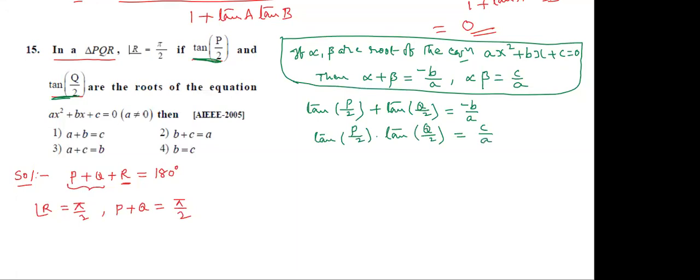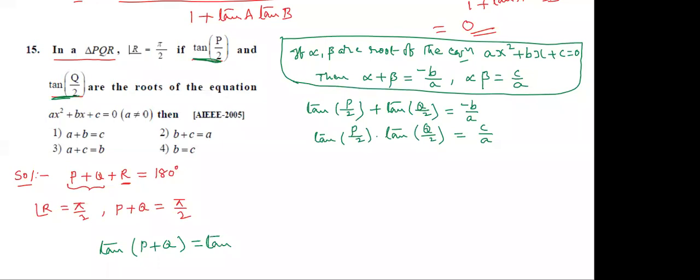Okay, but here p plus q is equal to 90 degrees given. Apply tan on both sides. Tan of p plus q is equal to tan.